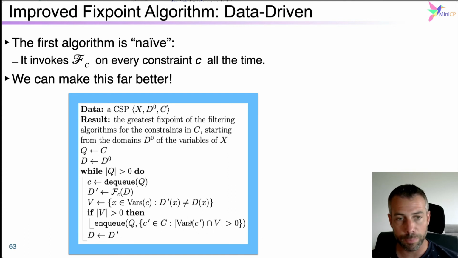Because there is no point adding to the propagation queue a constraint whose variables didn't change in terms of domains. And so with this idea, you have a much more fine-grained filtering of the propagation queue, because you will only execute the constraints when you think that it is worth executing them. Because if the domain didn't change, then the propagation algorithm will not be able to remove additional values.